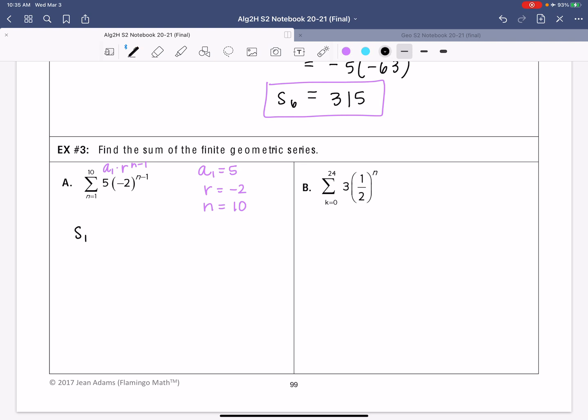So I get the sum of my first 10 terms is A1, 5, times 1 minus R, so 1 minus negative 2 to the 10th power, over 1 minus negative 2. So again, we're just plugging into formulas here. So I get 5. Again, be careful. So this is 1 minus and then negative 2 to the 10th power.